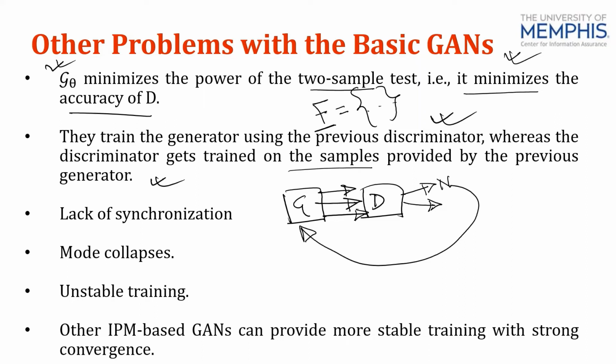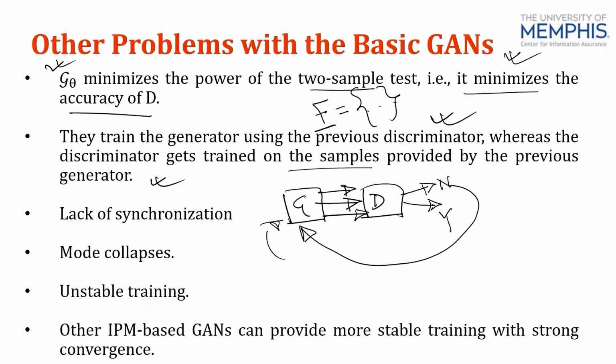If the discriminator says they are fake samples, then once again the generator will be trained, the weights and biases will be recalculated, and this process will continue. But if the discriminator says yes, this is a real sample, then generator training will be stopped.